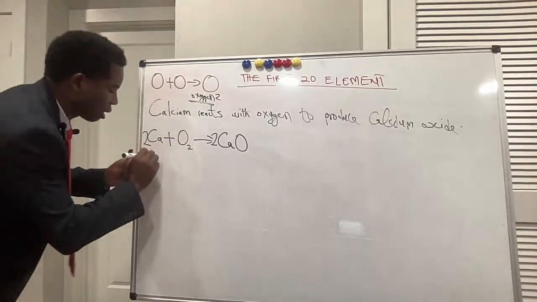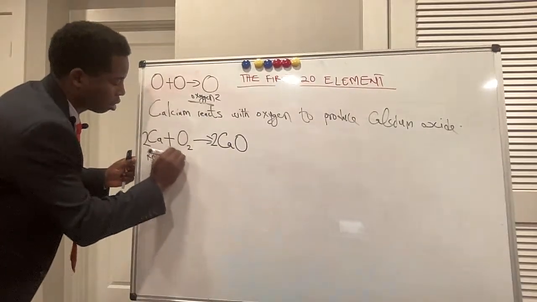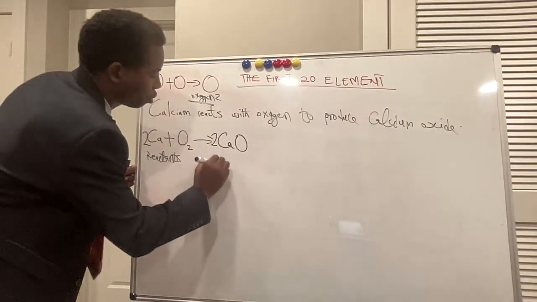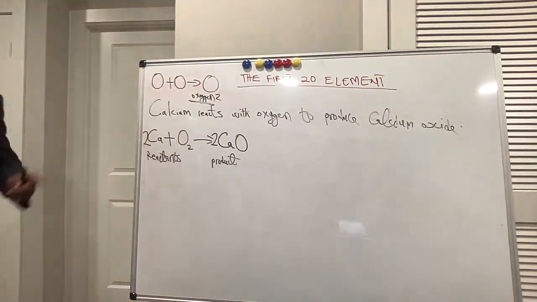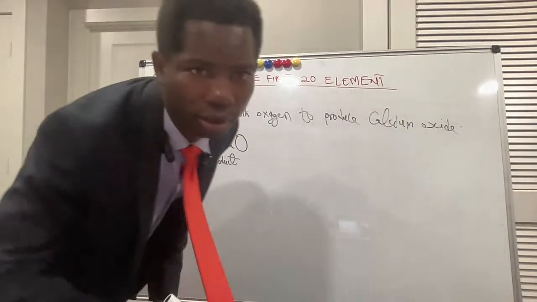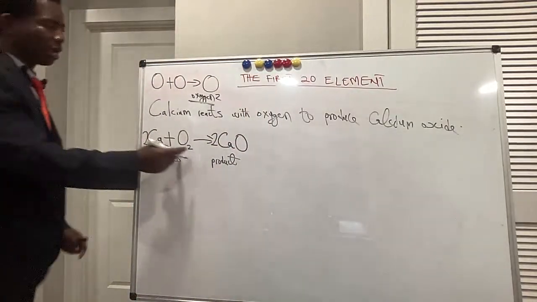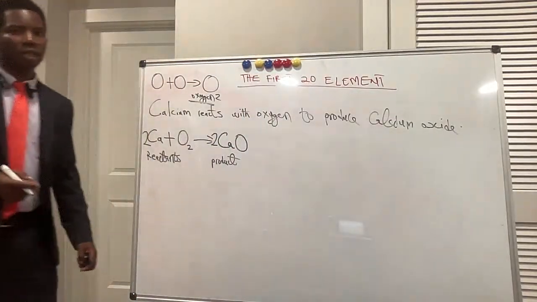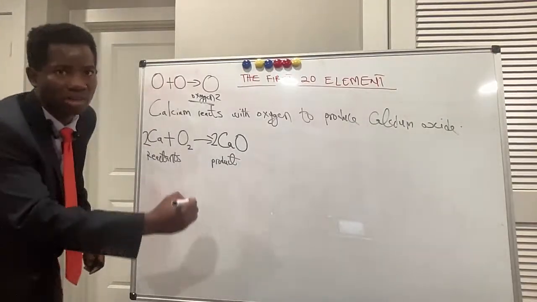This side is our reactant, and this is our what? Product. This is our reactant, and that is our product. So when calcium reacts with oxygen, it gives calcium oxide.